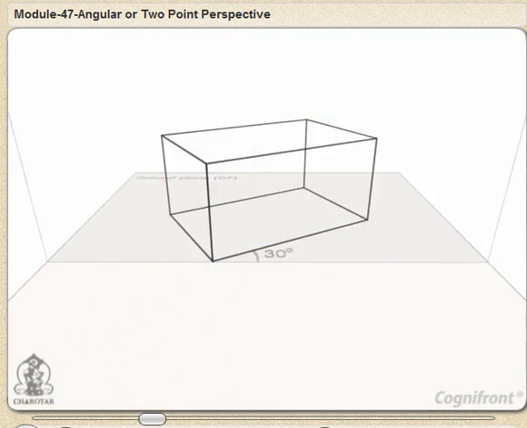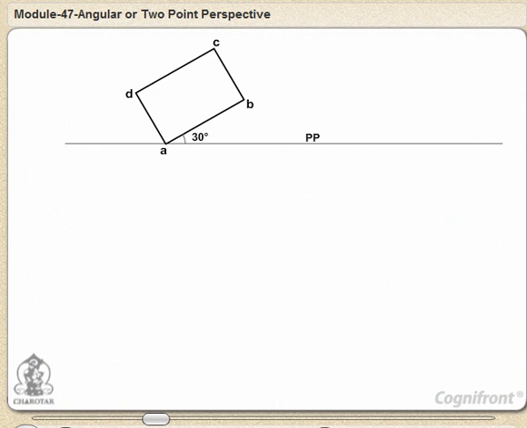Draw the top view ABCD with A in PP and the longer edge AB inclined at 30 degrees to PP. Mark its center O. Mark S, the top view of the station point, on a vertical line through O and 50 mm below PP.